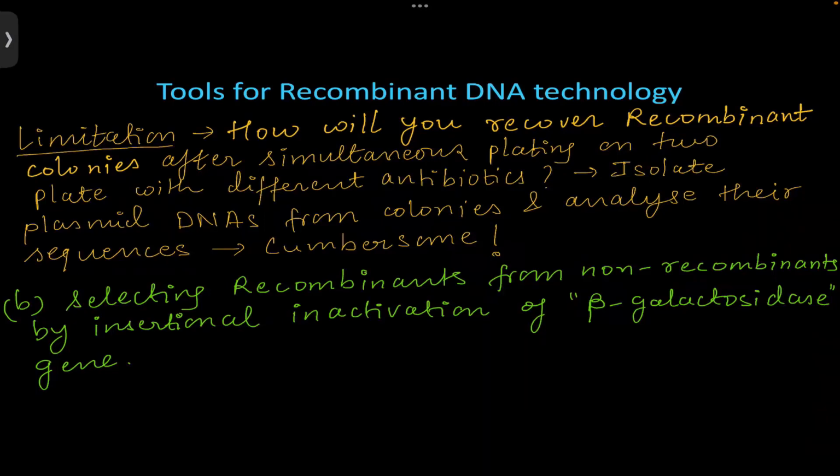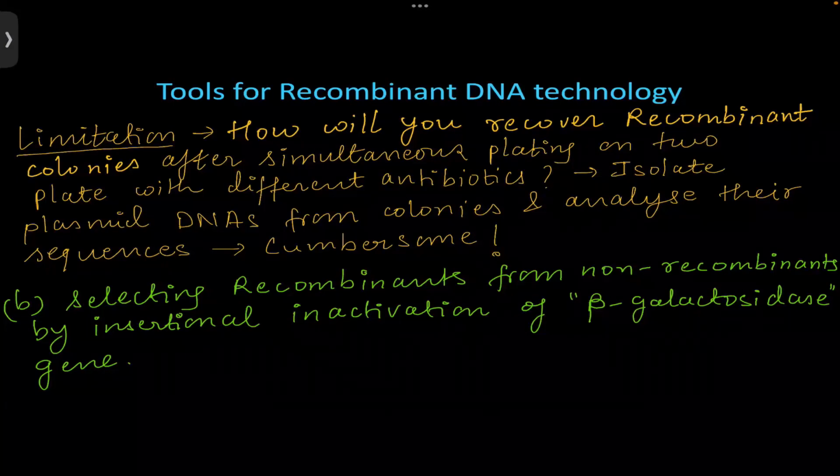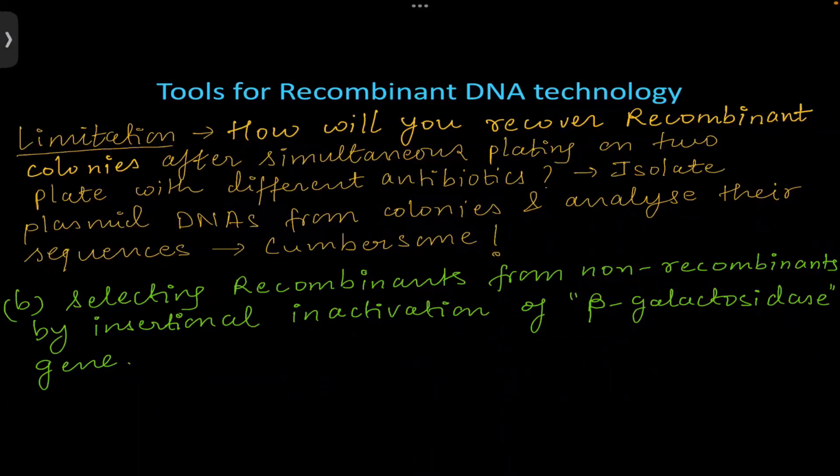So one way is to isolate the plasmid DNA from all the colonies of the transformants, and then analyze which of the transformed cells actually have your gene of interest within their plasmid DNA. This is going to be a quite time taking and cumbersome process, and is obviously going to add more and more human errors that will make your analysis difficult.